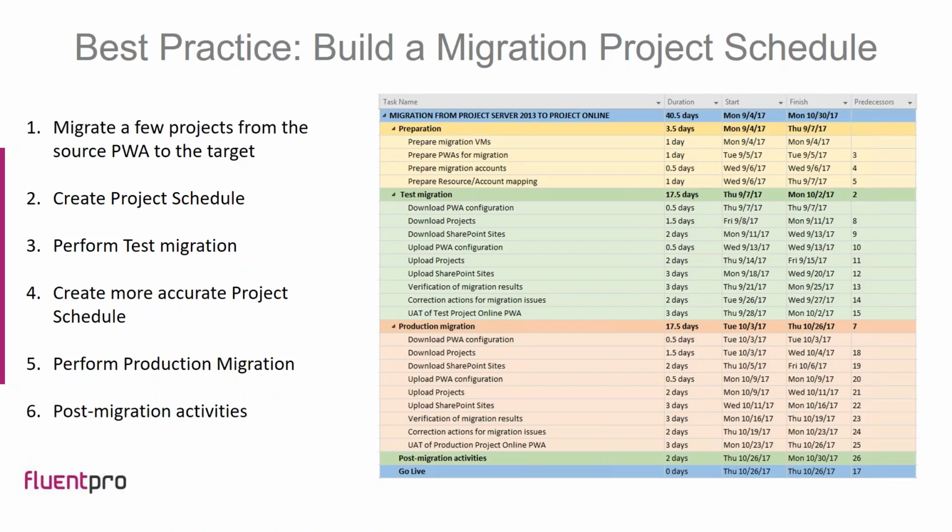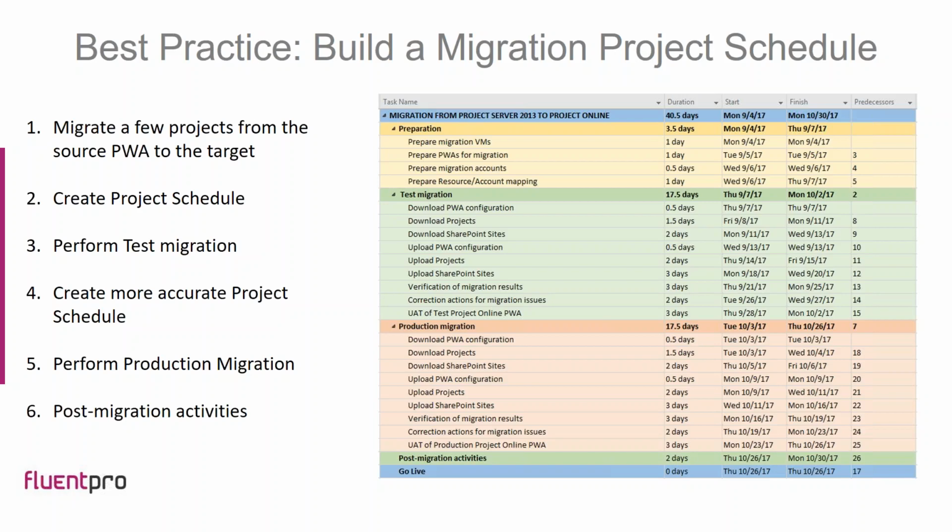But before you create a migration project schedule, we recommend migrating several projects, maybe up to 5 or 10 projects, from the source PWA to the target one, to get a feeling of the migration flow: what the steps of the migration are, how the migration process goes, how FluentBooks performs during the download and upload activities, and what the response from the Project Online environment is.